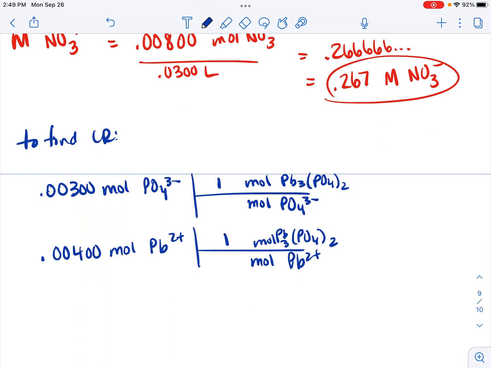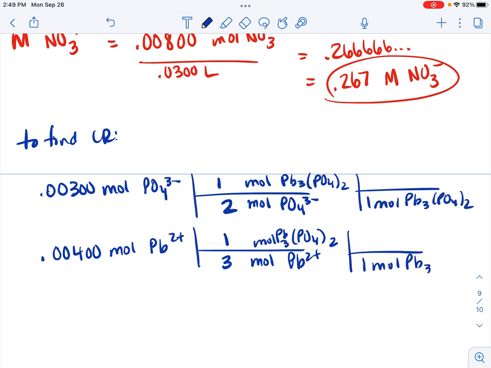If I know that I'm going to grams, it didn't ask in this question, but often it will. I'm just going to go ahead and go on to grams now. So I will go from 1 mole of Pb3(PO4)2 to grams of Pb3(PO4)2.